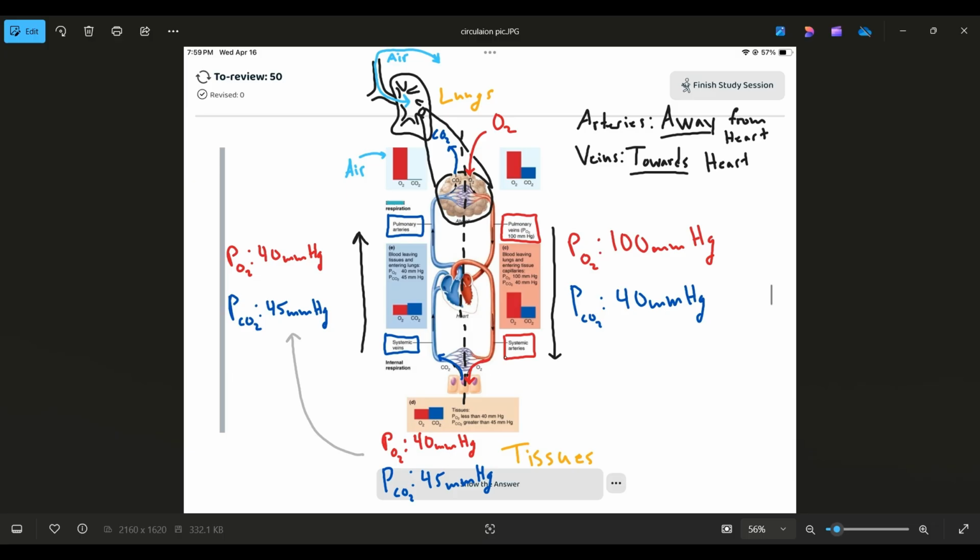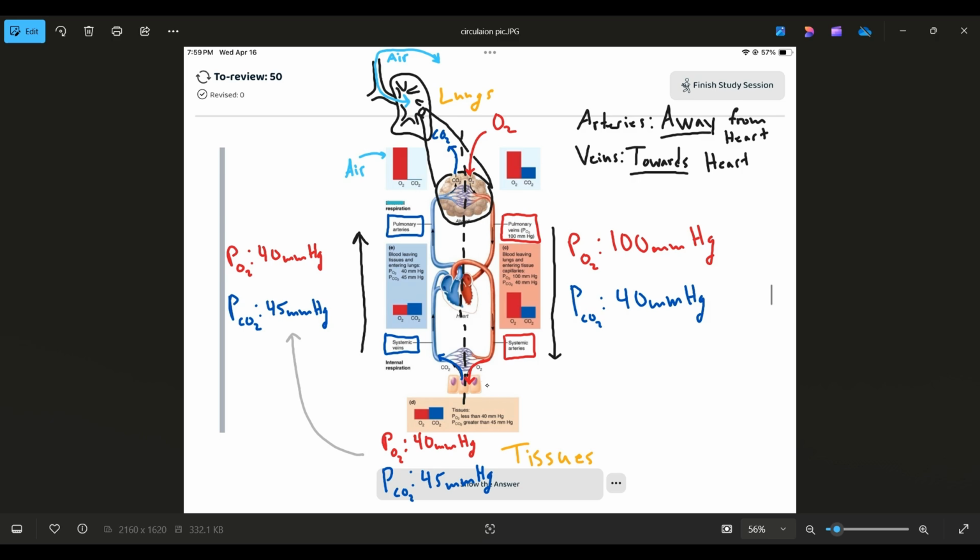What you'll notice is the blood coming out of the tissues into the veins also has a partial pressure of 40 millimeters of mercury. So essentially, the blood starts really high in the pressure of O2 at 100, and then diffuses out O2 until it is in equilibrium with the pressure in the tissues. That's why the blood ends up being 40 millimeters of mercury of O2, just the same as the tissues.